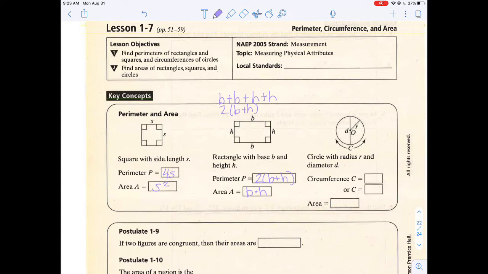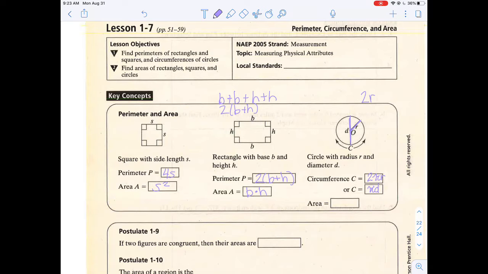Then we have a circle, and the circumference, which is like the perimeter of a circle, it just gets a special name. You can either do 2 pi times the radius. Remember, the radius is halfway across the circle. Or you can do pi times diameter, which is just the whole distance across the circle.